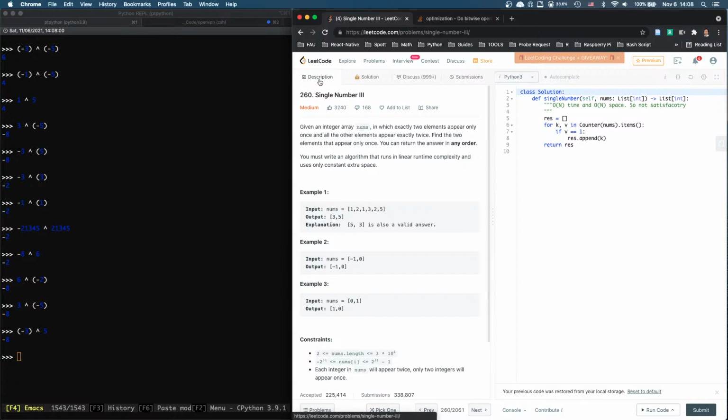Wait, no. That does give us 0. So first round, 6 exclusive OR 3 exclusive OR 5, that's 0. So if we put 6, it's going to give us 0. Now, that's not what we want.